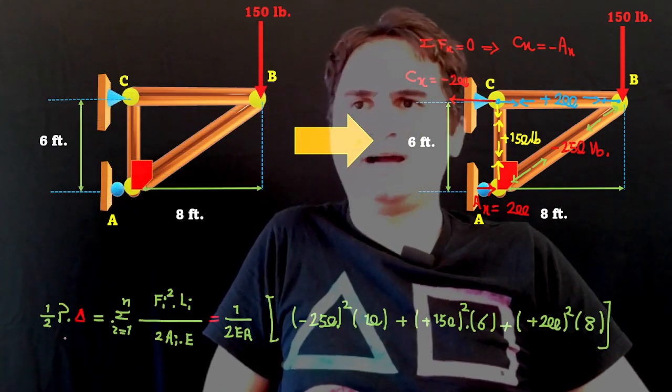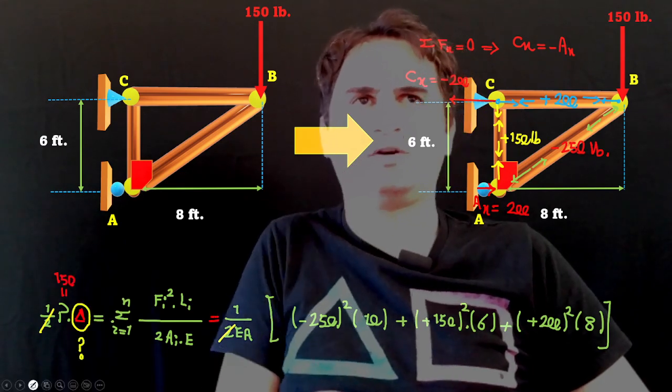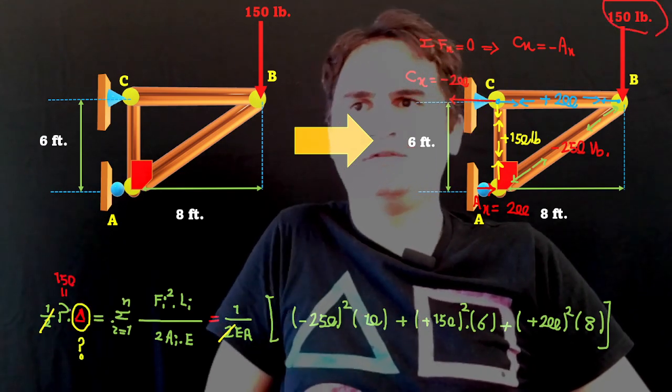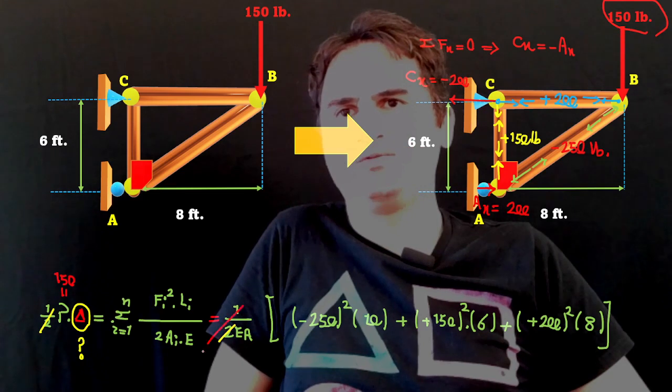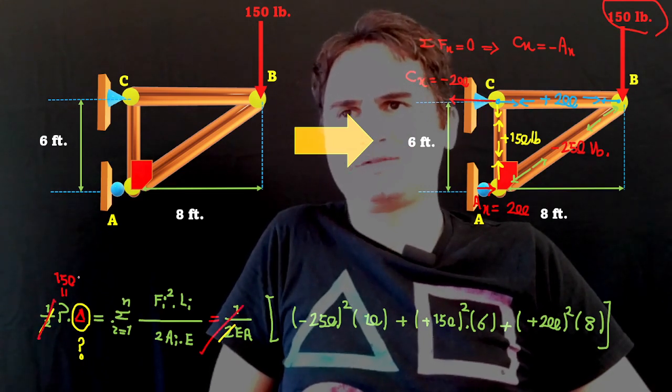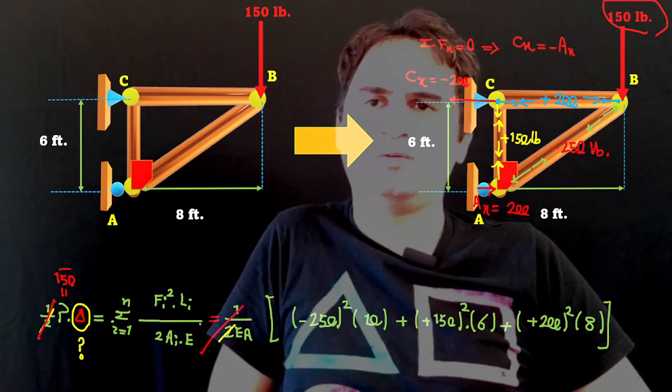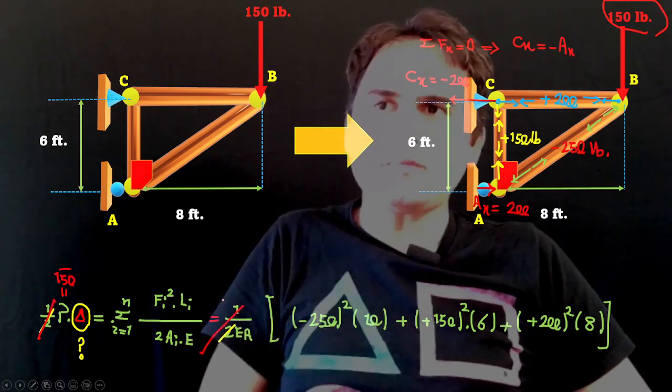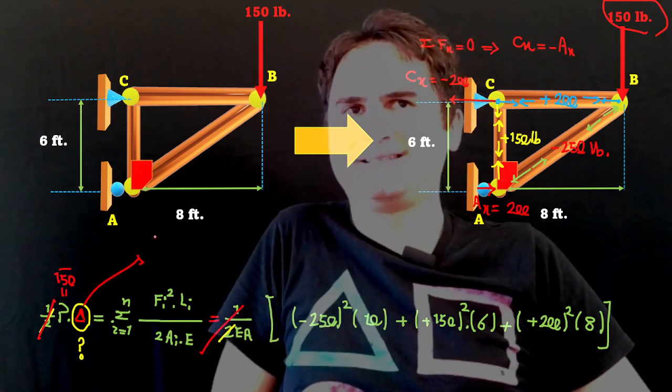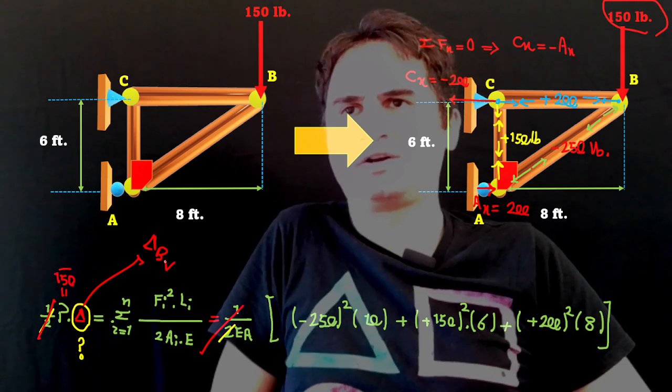Then on the other side, 100 times delta, where the original P was 150, we can cancel these two with each other and replace 150 here. Now the only unknown of our problem is delta B vertical.